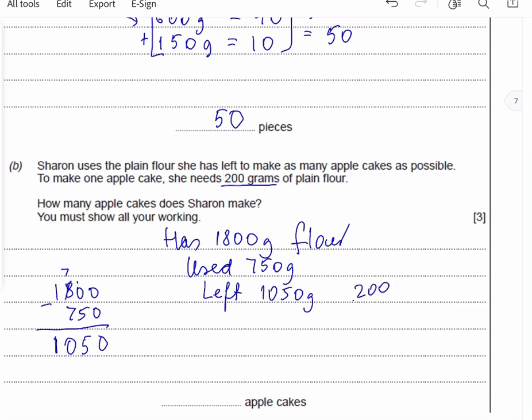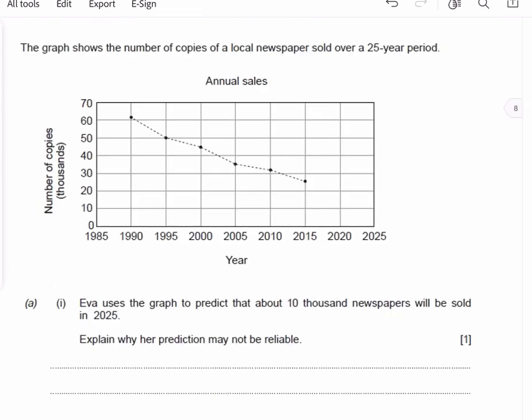So now we just need to see how many lots of 200 we can make. That fits into 1,050, and that is 5. So she can make 5 apple cakes.